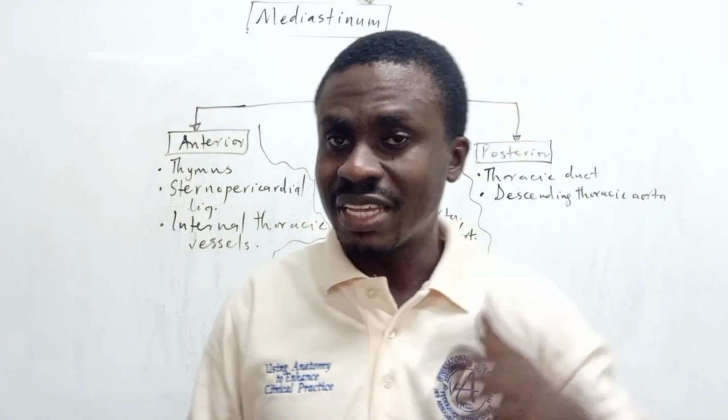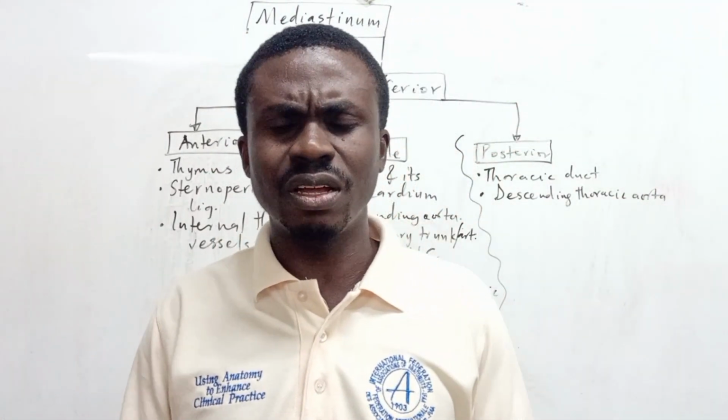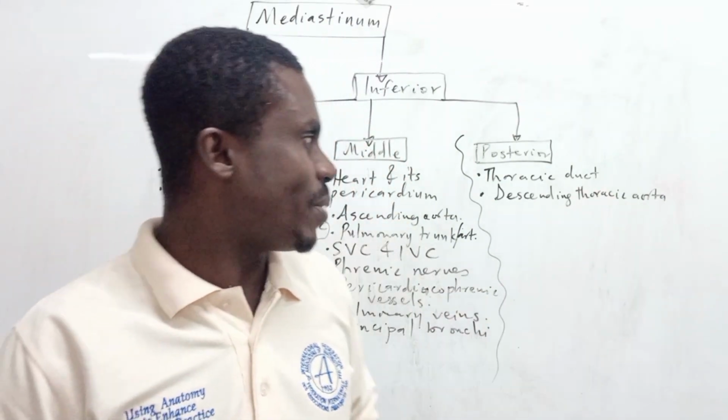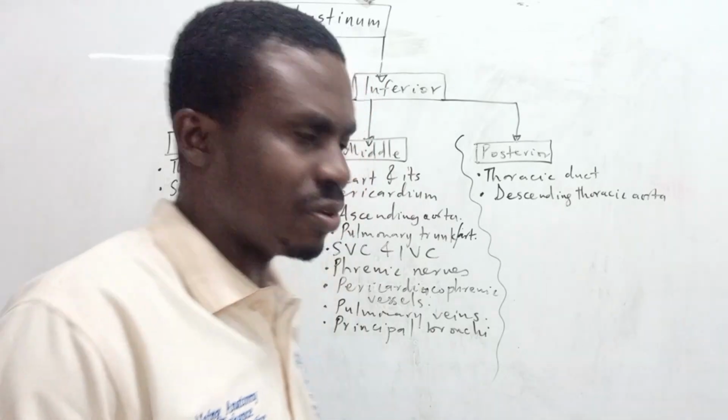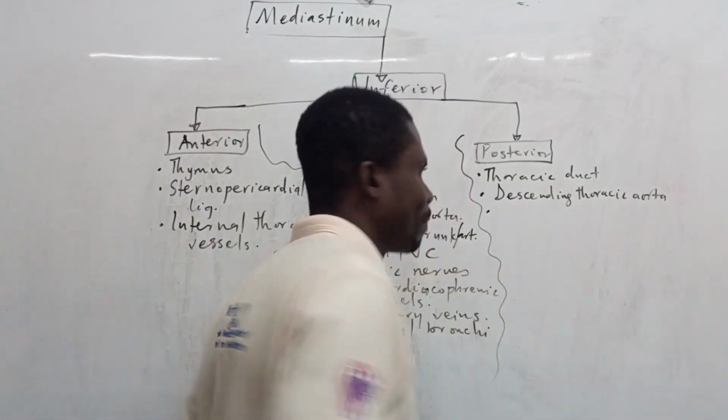I told you about it giving off a lot of these, for instance posterior intercostal arteries, and some bronchial arteries, the left bronchial arteries, for instance, will also be in there.